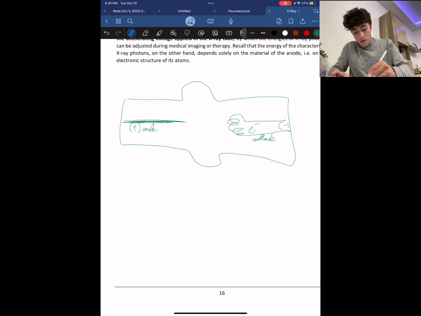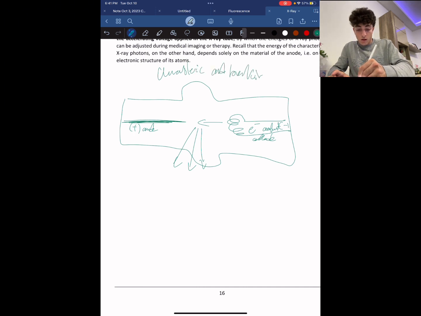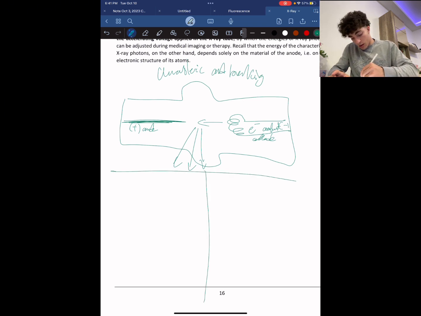Electrons are accelerated, hit the anode, and there's X-ray photons. Okay, this is characteristic X-ray, by the way. Well, actually, it's both characteristic and braking. The setup. But here we're going to split it. Here's going to be characteristic and braking X-ray generation.